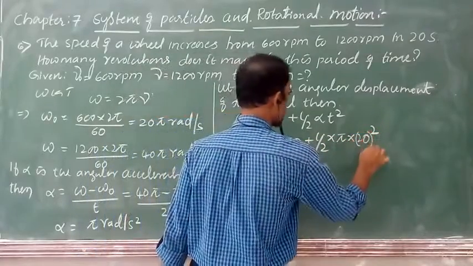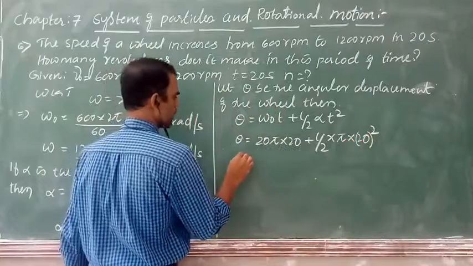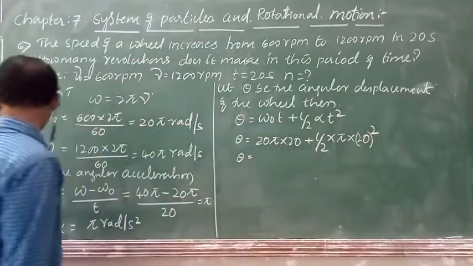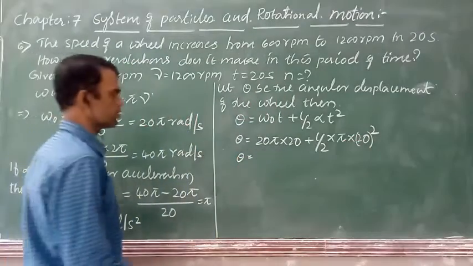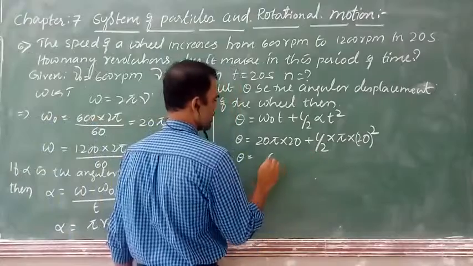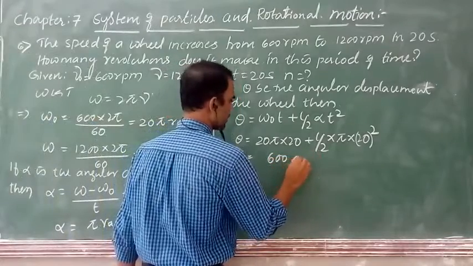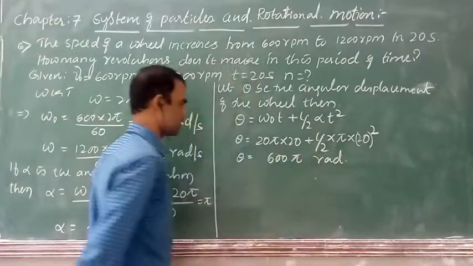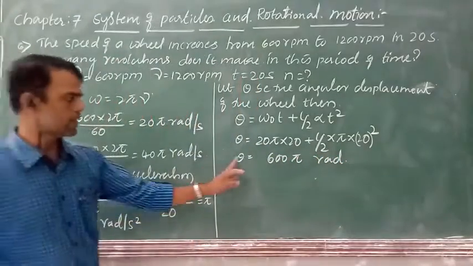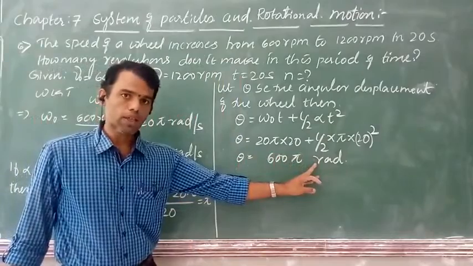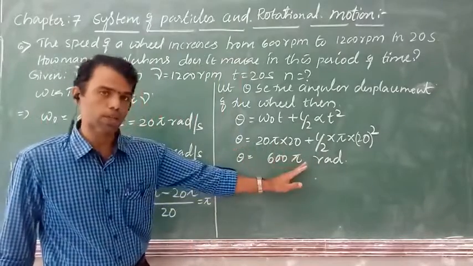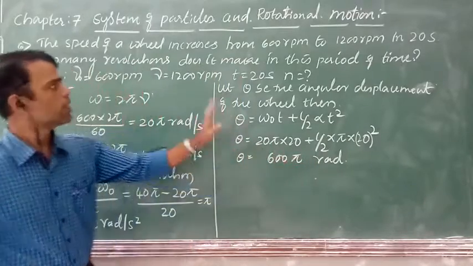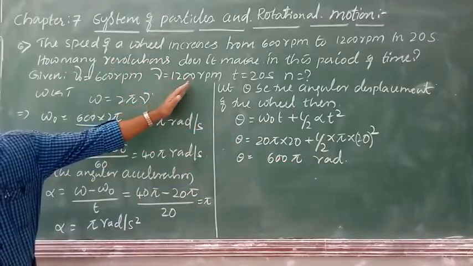Time is 20 in this case. So we will get theta, the angular displacement, as 600 pi rad. It is the total angular displacement of the wheel in the time period of 20 seconds.